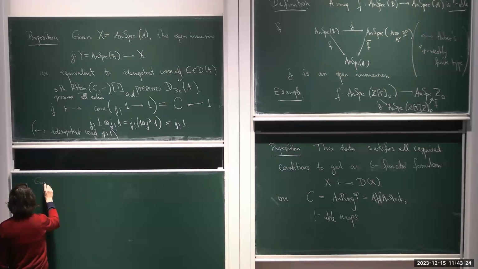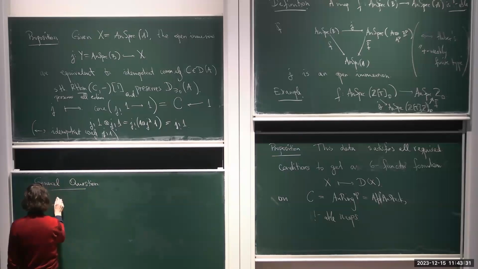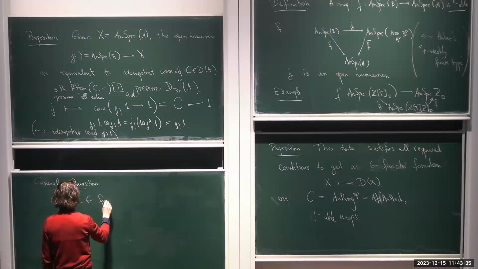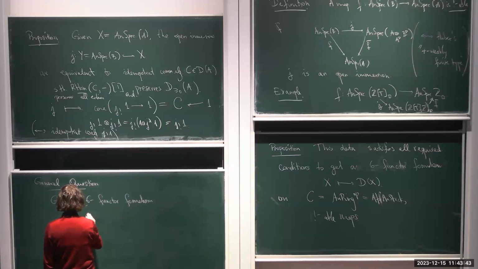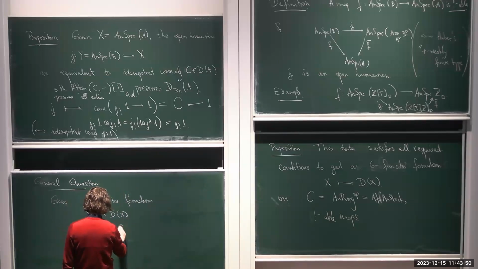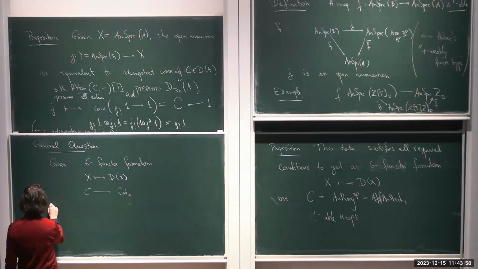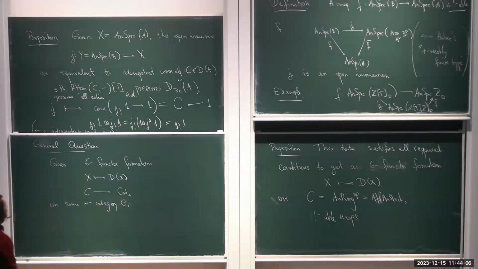So here's a general question. Given a six-functor formalism, let's say D of X from some category C towards some infinity categories, you may want to pass to a larger category of geometric objects, which are built by gluing objects in C, just like schemes are built from affine schemes, or more general stacks.